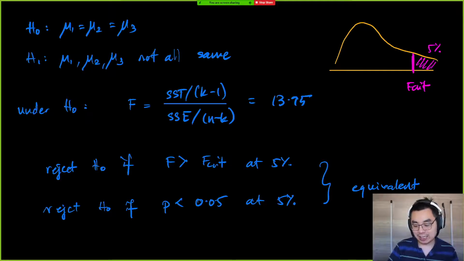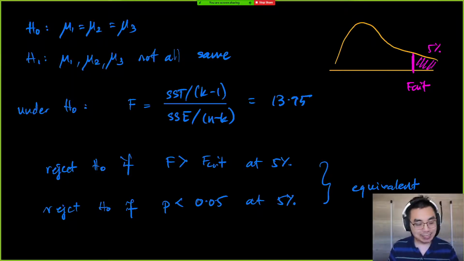It means that the F test statistic has to be within that rejection region. So you can make a statement about the x values, which is F is greater than F crit, or a statement about the areas, which is the p-value. If p is less than 5%, it has to be to the right of F crit as well, for that area to be smaller than 5% if the area at F crit is 5%. So they're interchangeable. One talks about the areas, one talks about the x values.